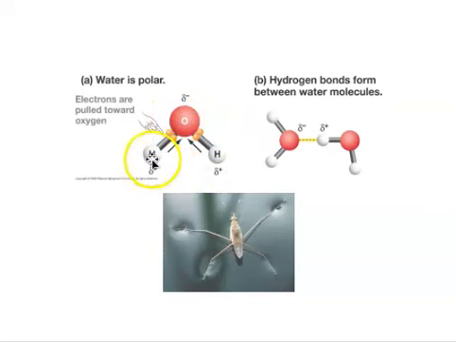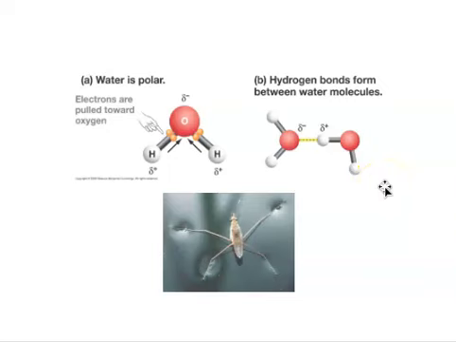The hydrogen atoms are partially positive because they are relatively farther away from those negatively charged electrons. When multiple water molecules come together, something very interesting happens. They start to hydrogen bond with each other.